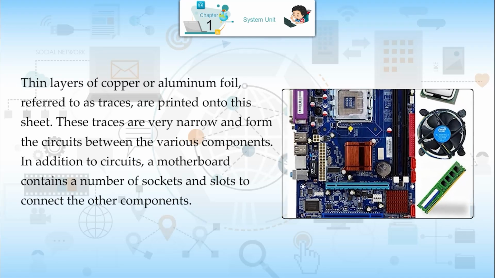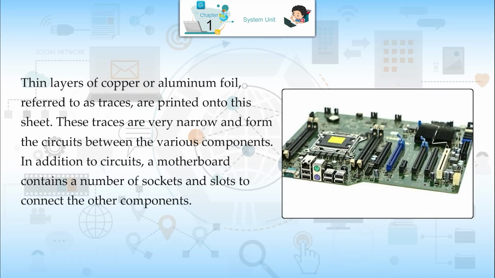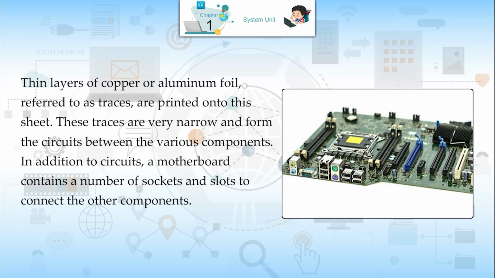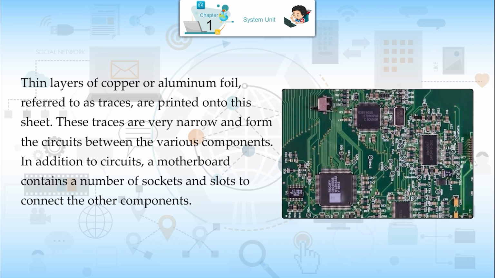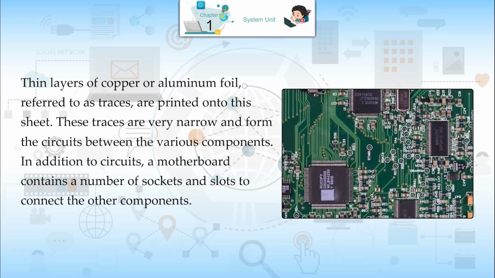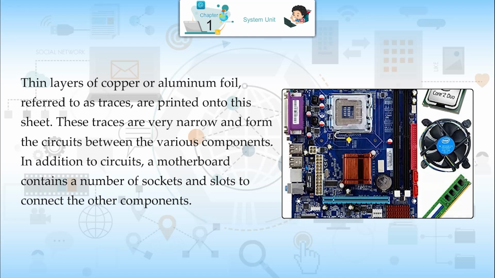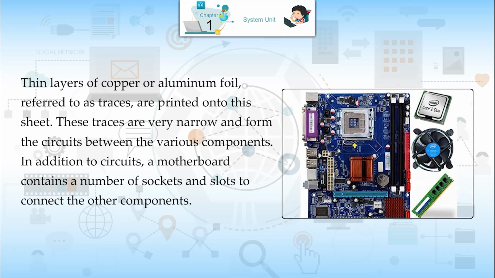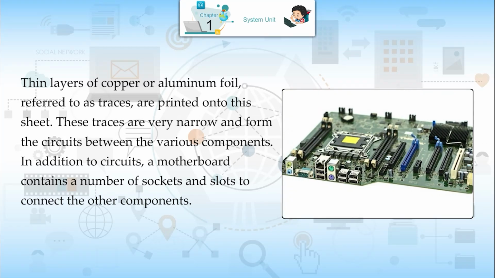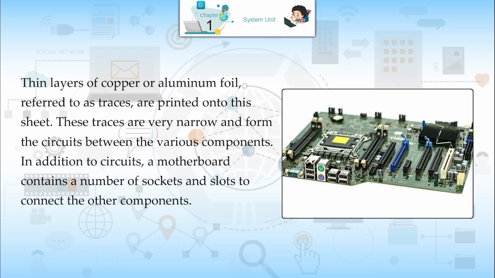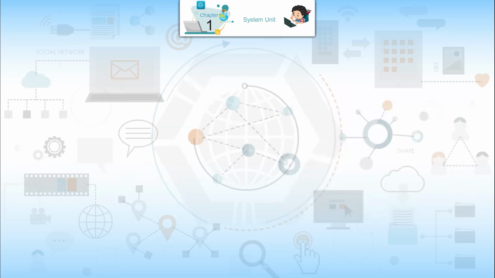Thin layers of copper or aluminium foil, referred to as traces, are printed on this sheet. These traces are very narrow and form the circuits between the various components. In addition to circuits, a motherboard contains a number of sockets and slots to connect the other components.